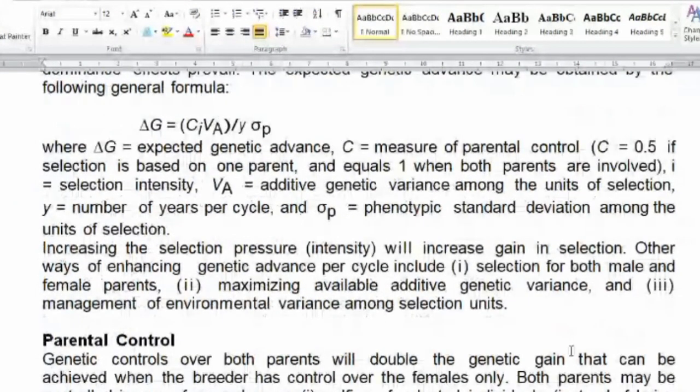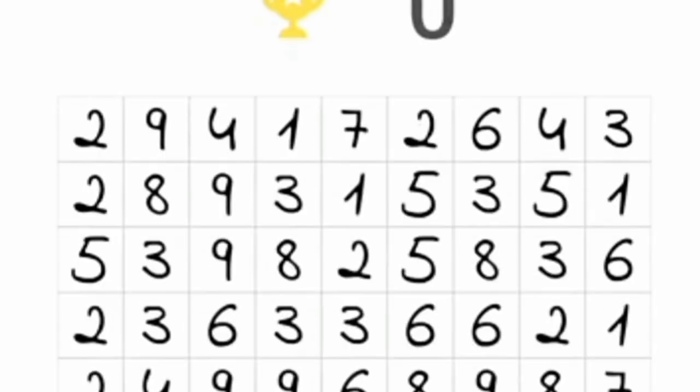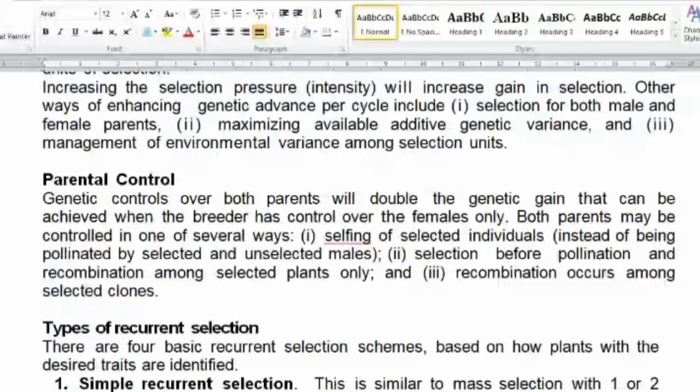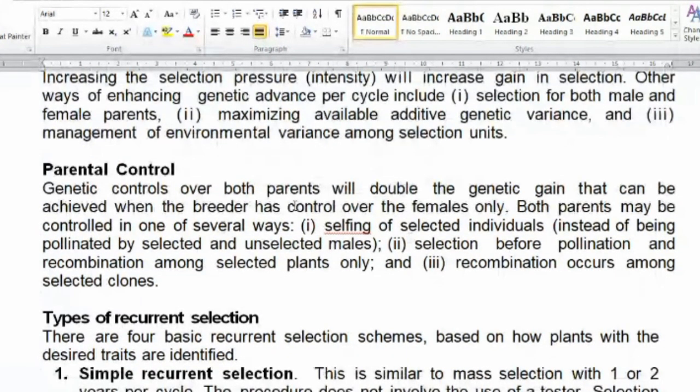I will get back to these genetic issues when I have covered some mathematical concepts with you, but I want to mention that there are several things that happen in recurrent selection. We have the opportunity to control the parents.